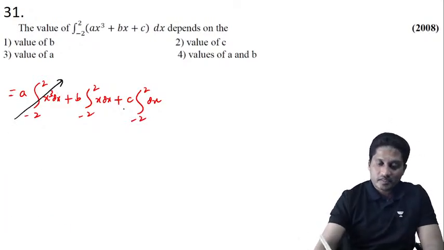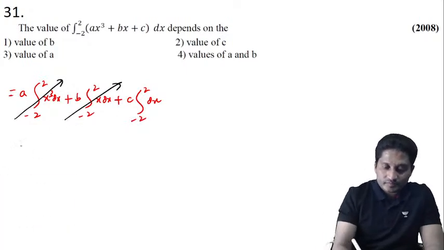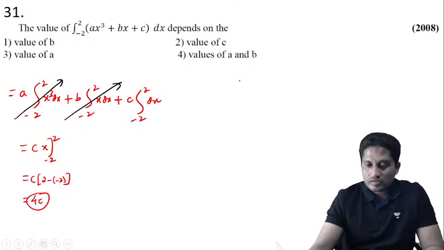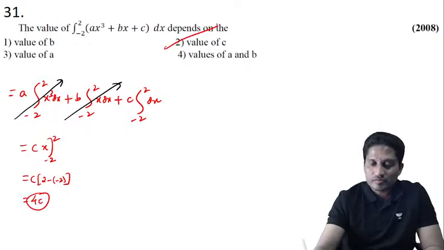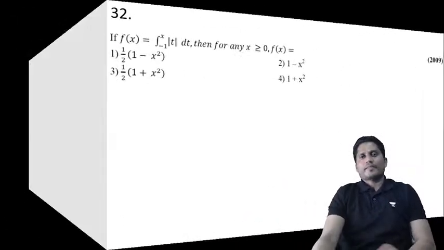X is an odd function, minus 2 to plus 2 odd is 0. So left out is C. Integral of dx is x between the limits minus 2 to plus 2. Upper limit is 2, lower limit is minus 2. Minus and minus is plus. You will get 4C. Alright, depends on the value of C only. Alright, let's move to the next question.